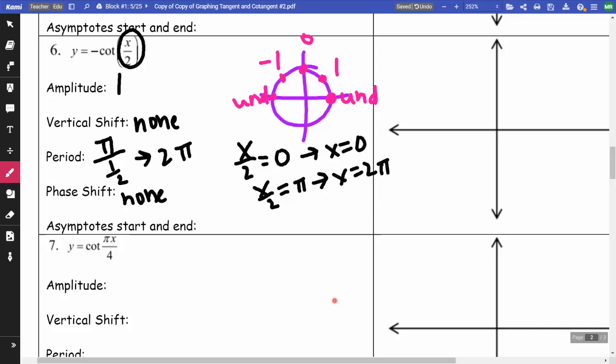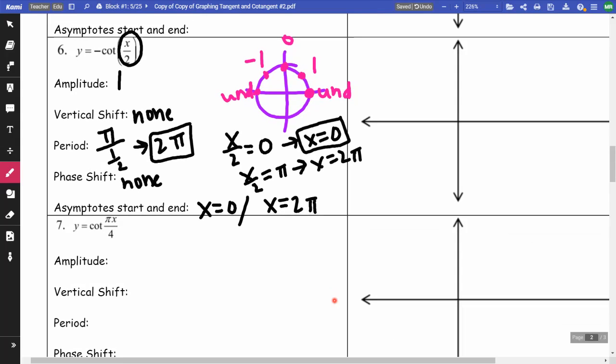Now, you'll notice that if I know the start and I know my period is 2 pi, I can just add that onto it. But I want to show you that I would go through the same process I did for tangent, but instead of setting it equal to negative pi halves and pi halves, I go to 0 and pi, because that's where my asymptotes are.